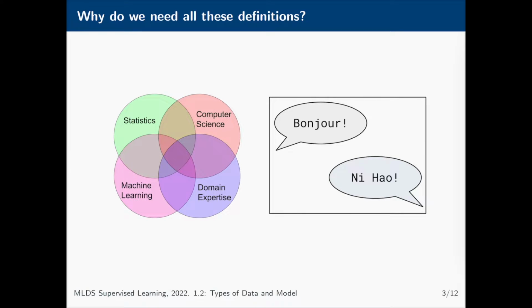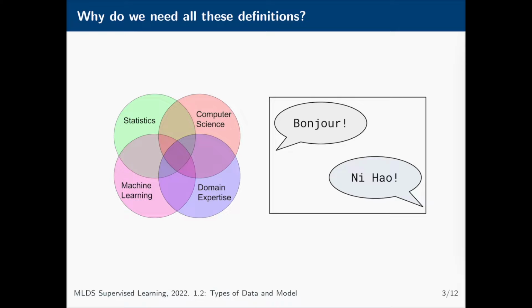So why is it that we need all of these definitions in the first place? The main reason is to develop a shared language so that we can discuss things in a cognizant way between one another. This is not only between you and I, but between all of the different stakeholders that are relevant in a data science project.